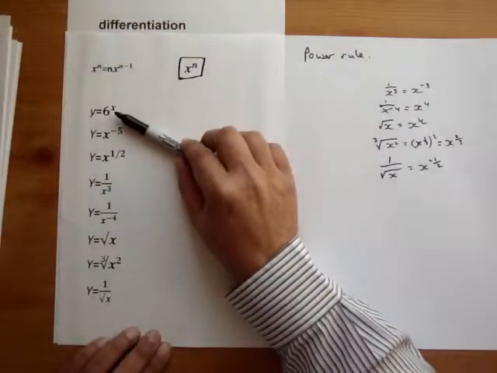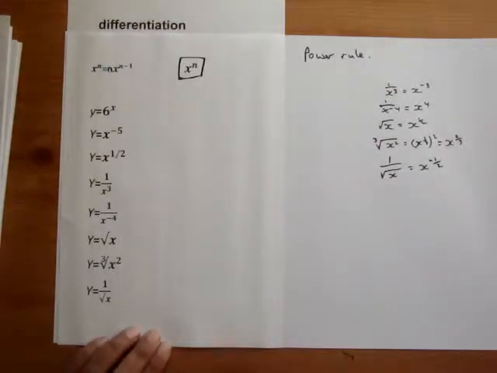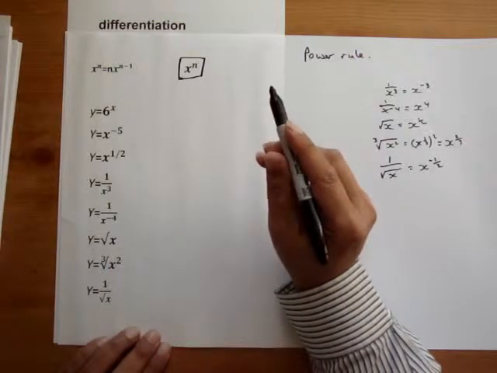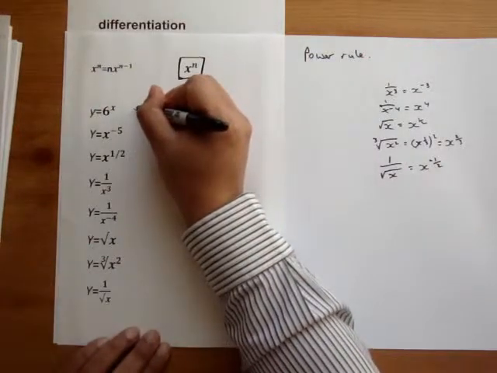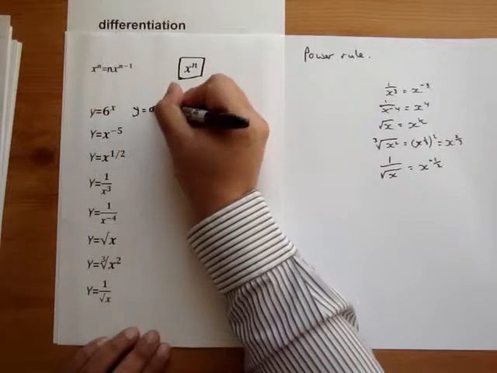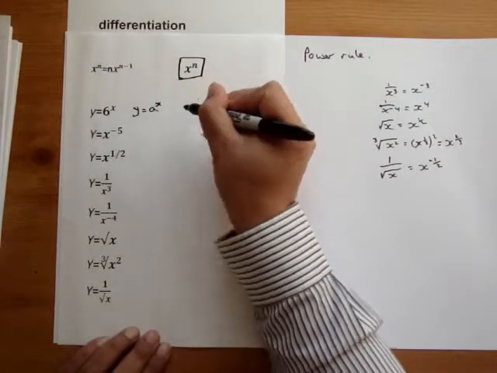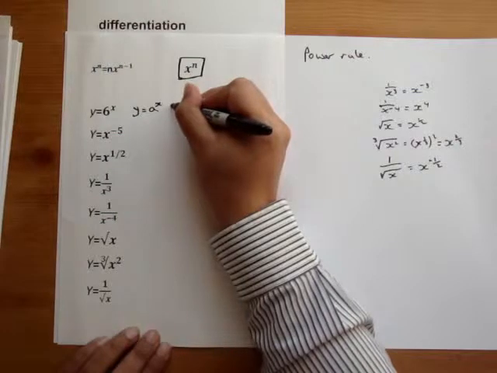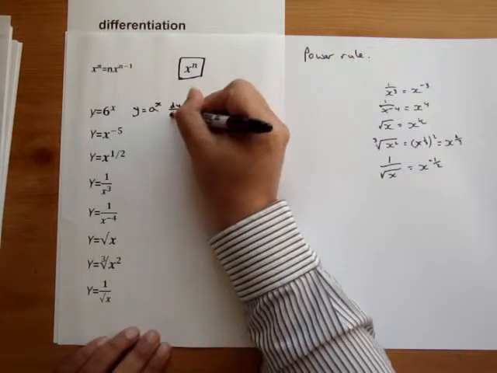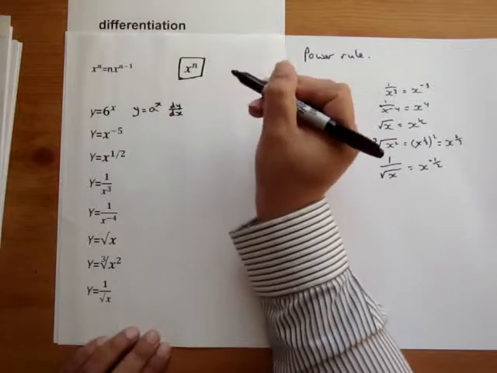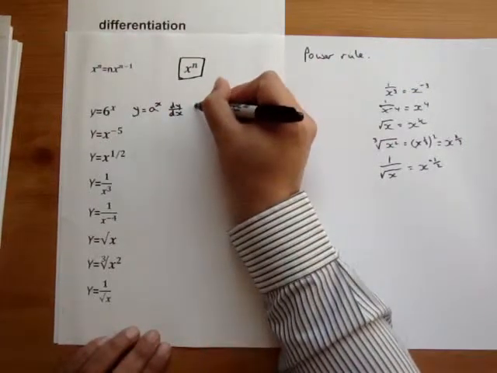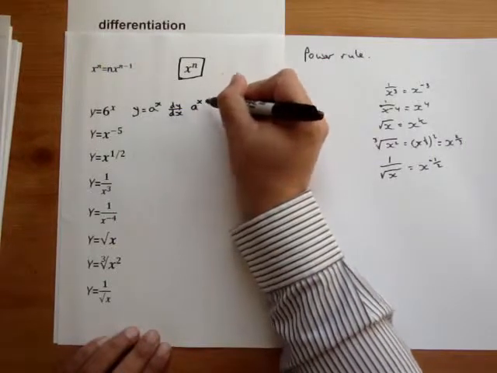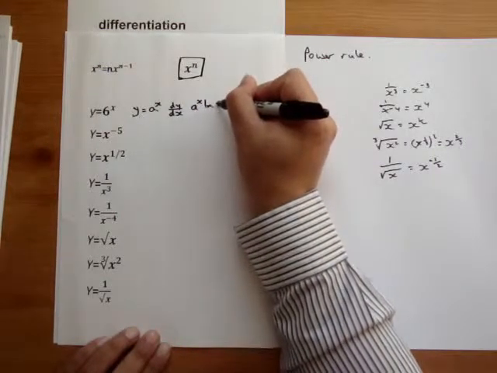Y equals 6 to the x. How did that appear in there? Well, it gives us a chance to revise our common derivatives. That's the same as y equals a to the x, and that's differentiated: dy by dx equals a to the x natural log of a.